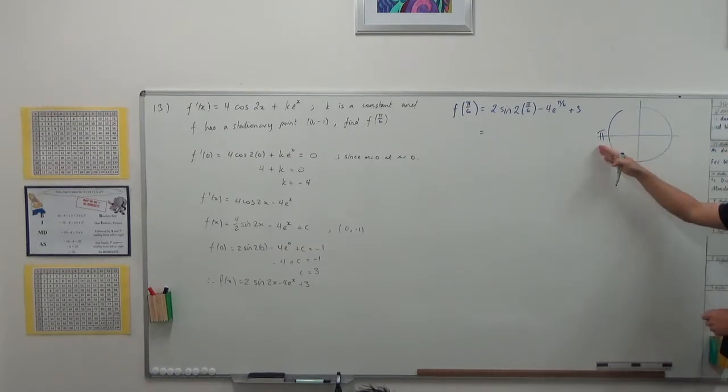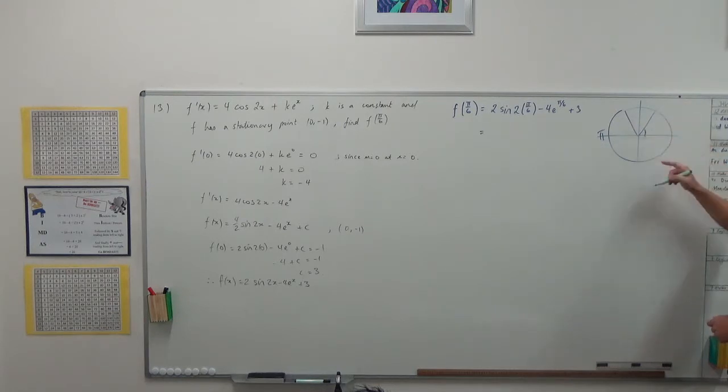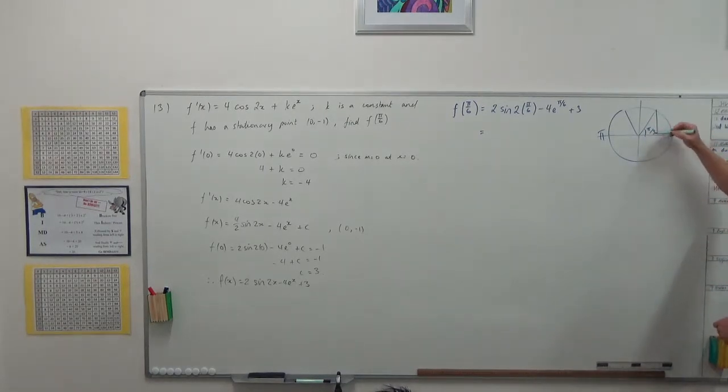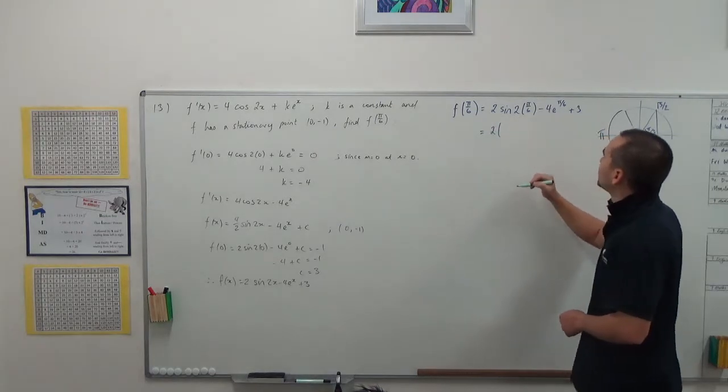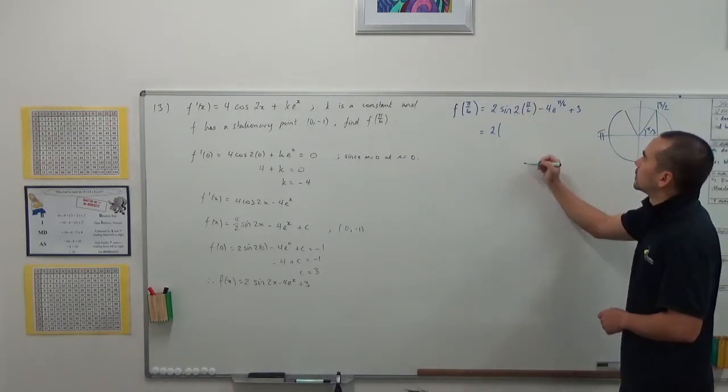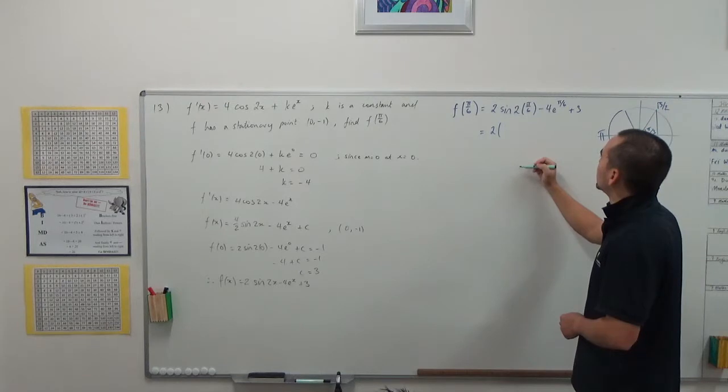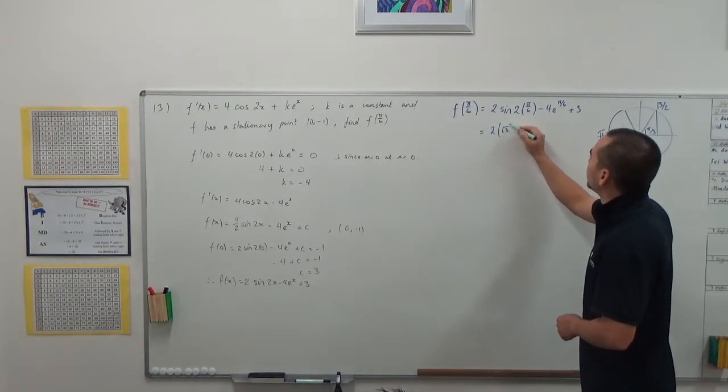If I split that up into thirds, it's this angle here, 60 degrees, or pi on 3. So we have that right angle triangle, and for the 60, this up here is root 3 on 2. Good, so 2 times root 3 on 2 is going to be root 3.